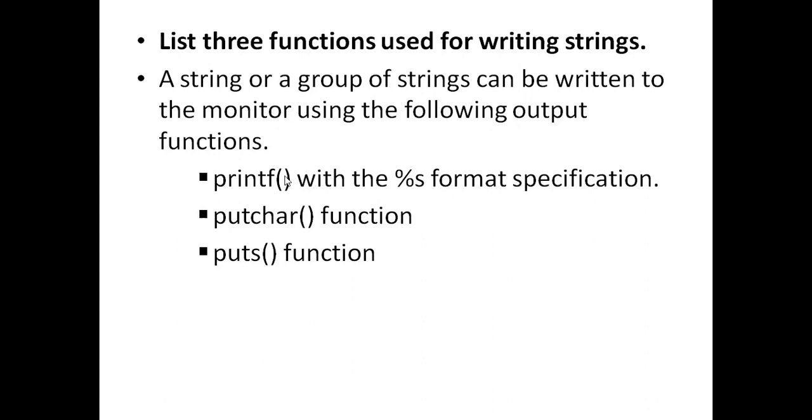Those are printf, which uses a %s format specifier; the format specifier depends on the variable type. Then putchar, which writes a single character on the monitor, and putS, which writes a set of characters, a string, on the monitor or output screen. All these functions are used to write a string on the monitor.